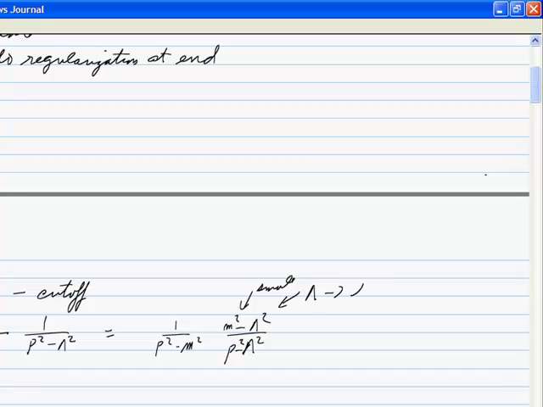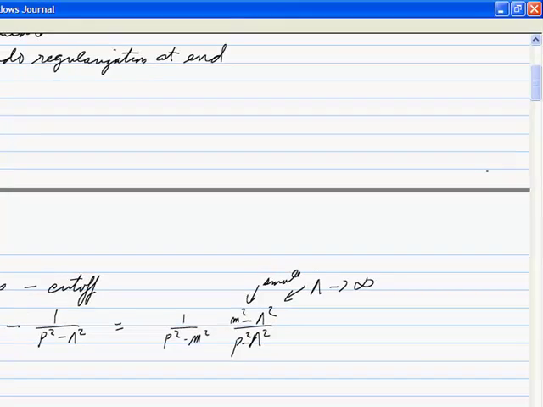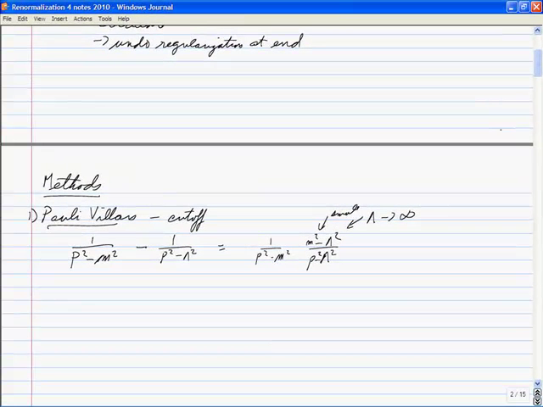Lambda goes to infinity at the end of the calculation. So that's one way to make these integrals finite. I'll do one of those with you. The advantage of this is it's relatively straightforward.